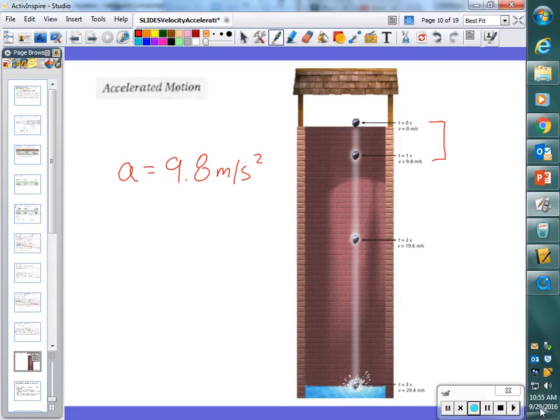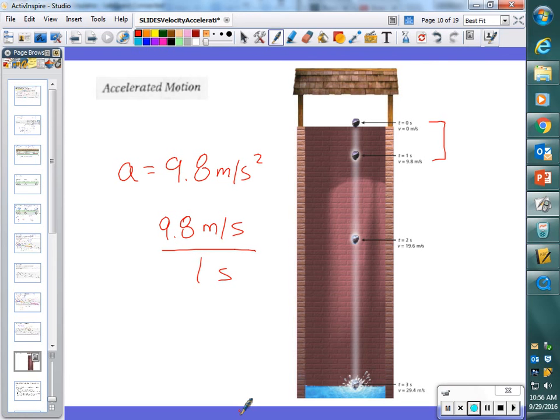If we look at the next interval, it goes up from 9.8 to 19.6. How much of a jump is that? 9.8. How long does it take? 1 second. So this acceleration represented by this rock falling down the well, the velocity is changing by this much in this amount of time. So that acceleration is 9.8 meters per second squared.